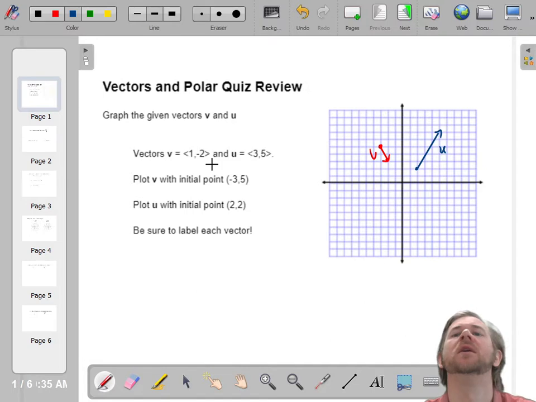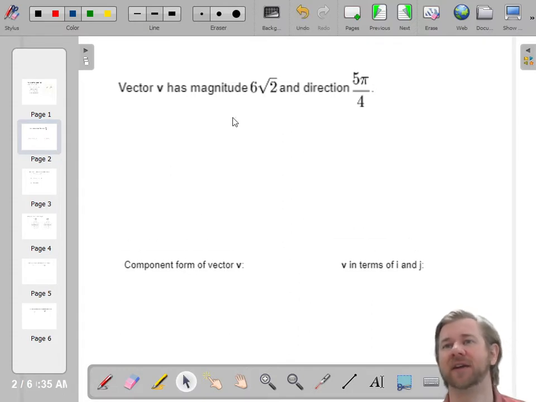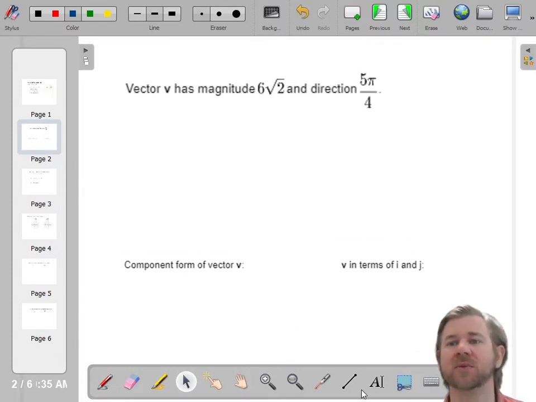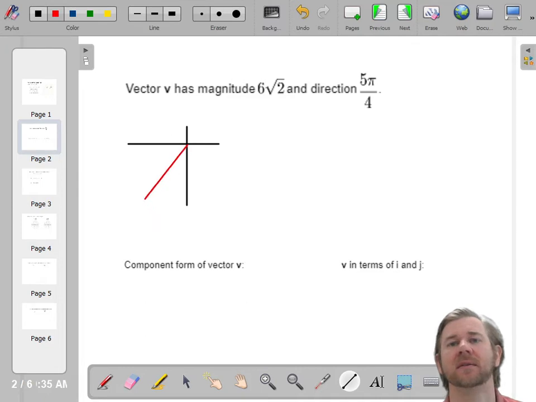Sweet. You have component form, and the other thing is in terms of i and j. So what we're going to have to do now is take this vector, very similar to what we've been doing with polar. We're going to draw it. So 5 pi over 4 is in the third quadrant down here, and that is a 45-degree reference angle.